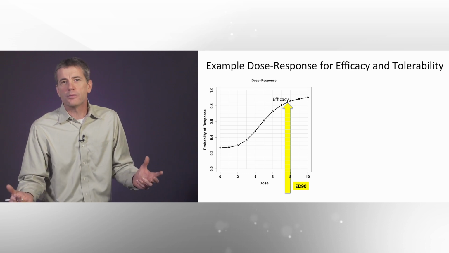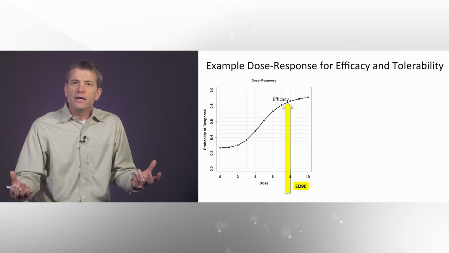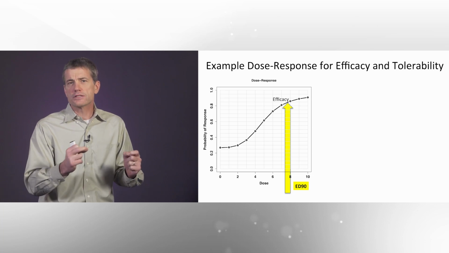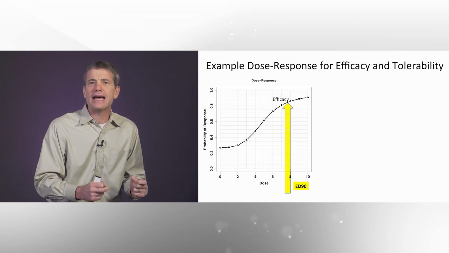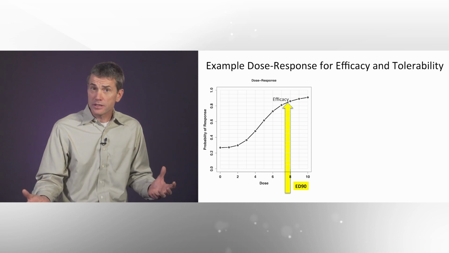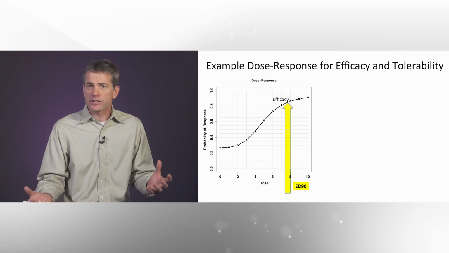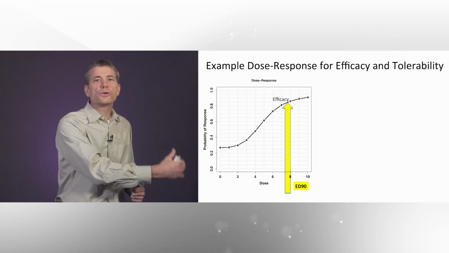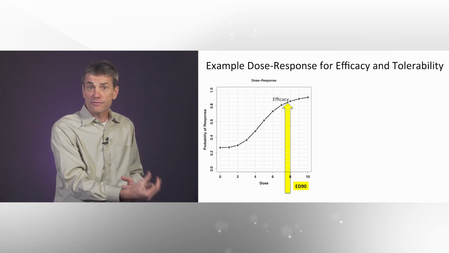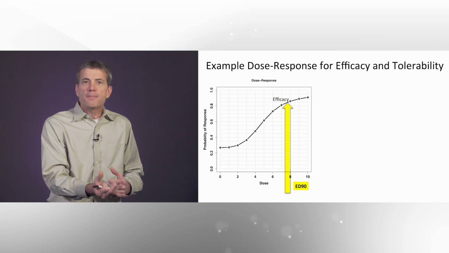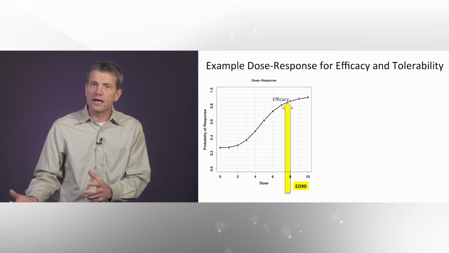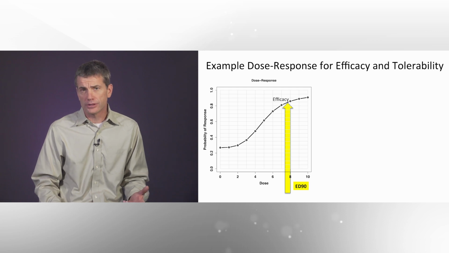Let's use an example of a treatment for insomnia, where this represents the proportion of patients that have a good night's sleep after taking the drug. That's efficacy of the drug. You can see the yellow line here represents the ED90, the effective dose 90. Whether that's the right dose depends entirely on the other endpoints, the tolerability.